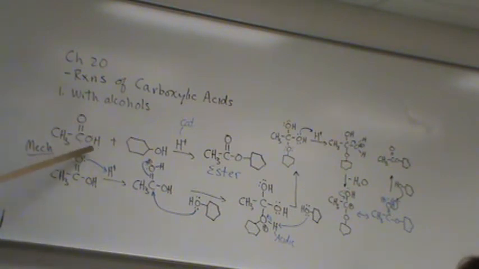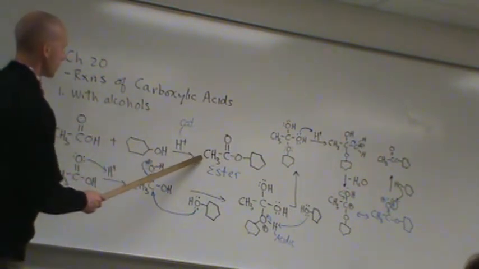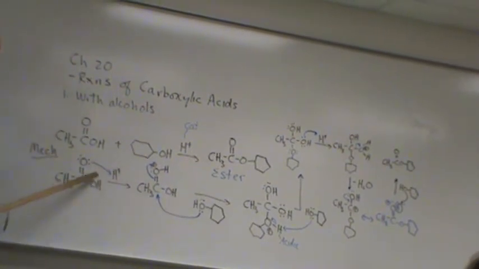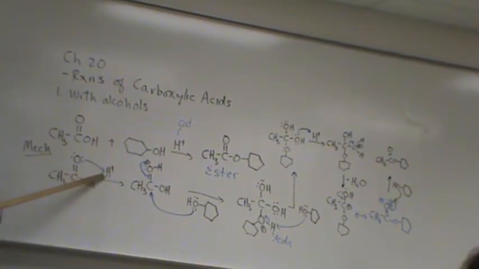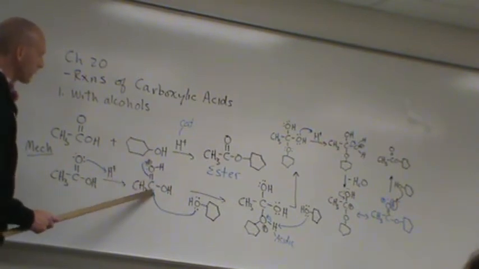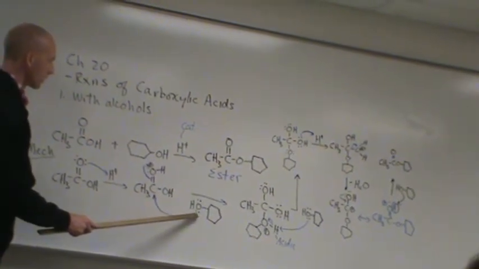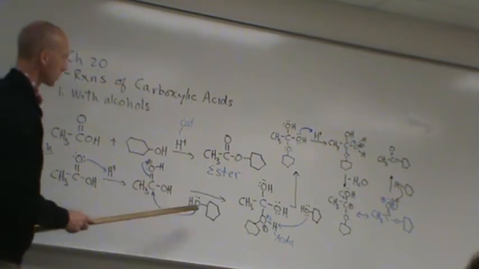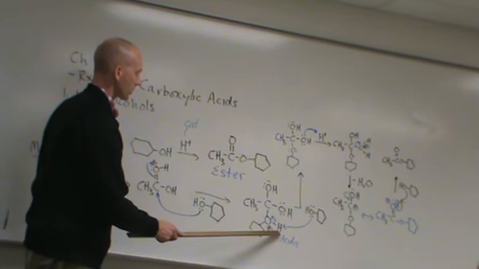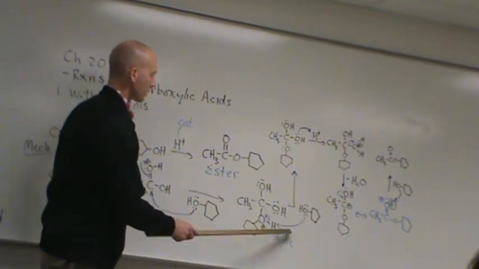So acid plus alcohol forms ester. First step, protonate, carbonyl more activated, alcohol attacks, adds on, creates an acidic hydrogen, remove it.